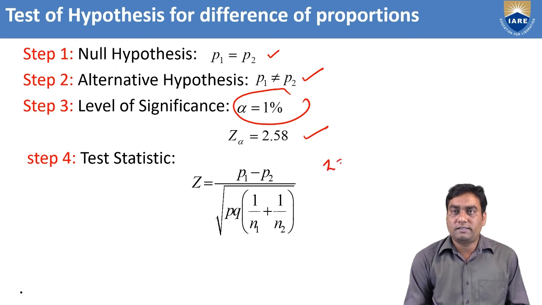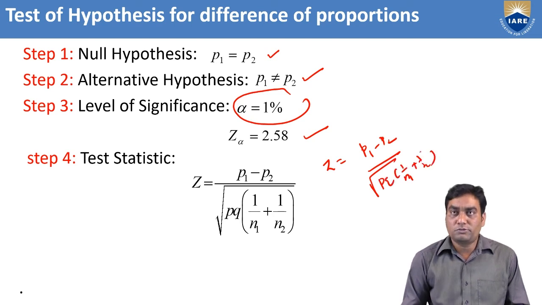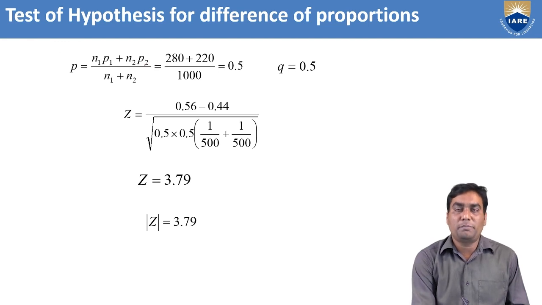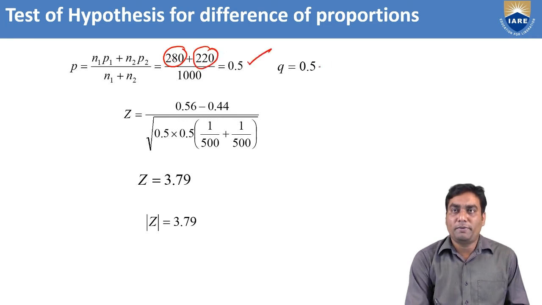So the test statistic Z formula is P1 minus P2 by under root of PQ into 1 by N1 plus 1 by N2. But we don't know the small p value. We should find it by using the formula N1 P1 plus N2 P2 by N1 plus N2. N1 P1 value 280 plus N2 P2 value 220 by 1000. We'll get small p 0.5, small q also 0.5.